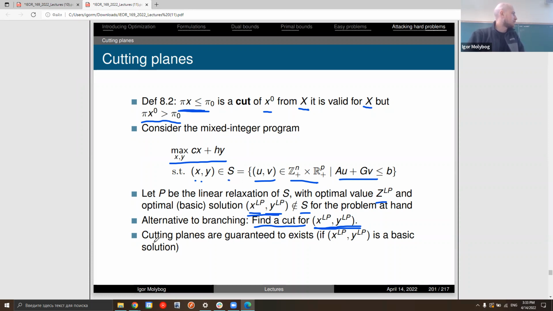And most importantly, cutting planes are guaranteed to exist if XLP and YLP is a basic solution.